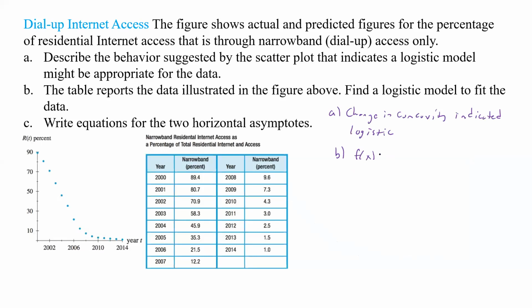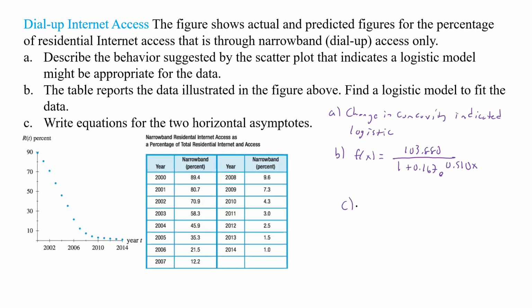We'll do f of x, and I can use x's instead. And so that was 103.880 over 1 plus 0.167 e to the, now remember, it's e to the negative negative, which is positive 0.510x. Okay, and so that was our function we came out with logistically.